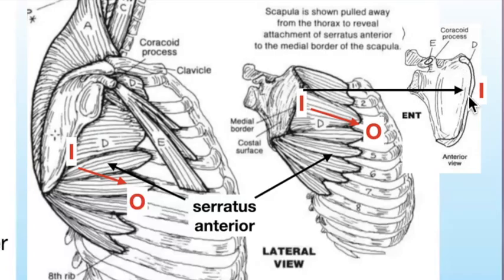And then there's a tiny picture of where on the anterior scapula the insertion is found on the far right, a little picture of the bone.